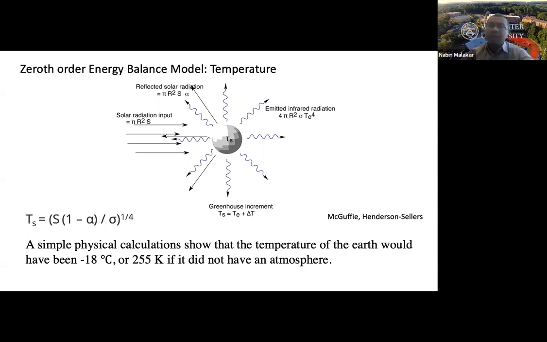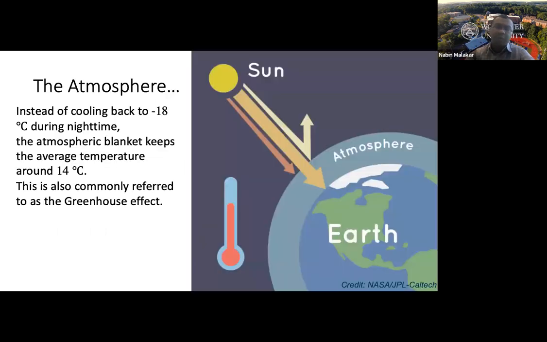And what we are missing in this picture would be the atmospheric constituents, right? The atmosphere serves as a nice blanket that's around the Earth, and that traps the heat radiation, and it warms the atmosphere in such a way that it makes life possible.